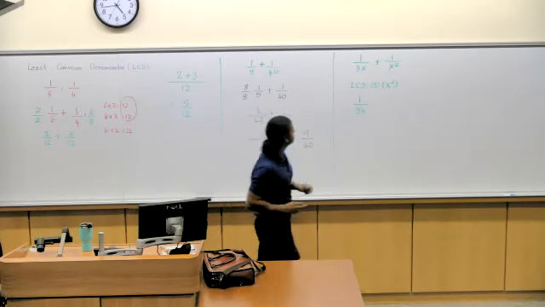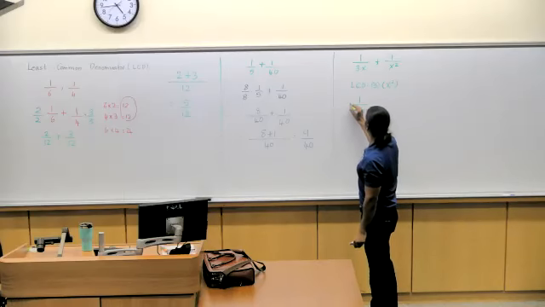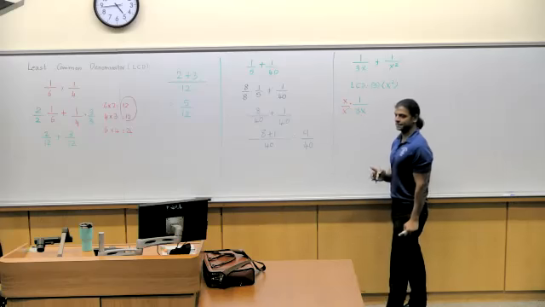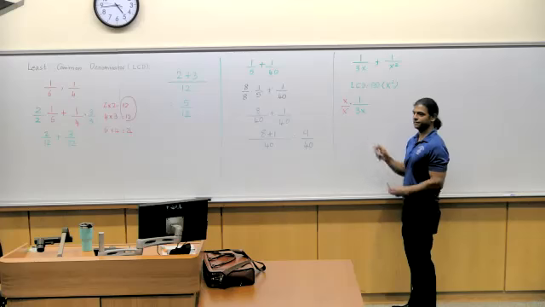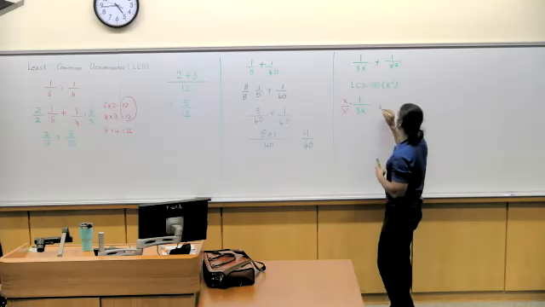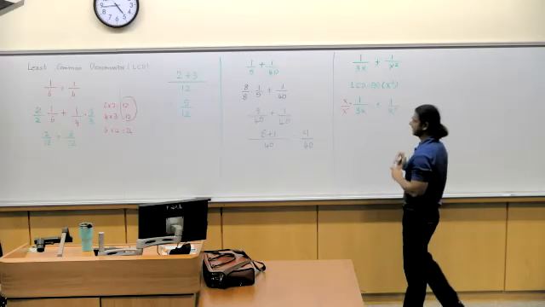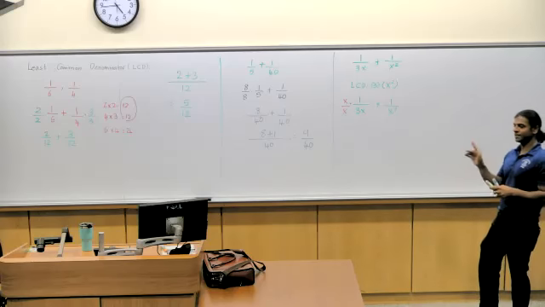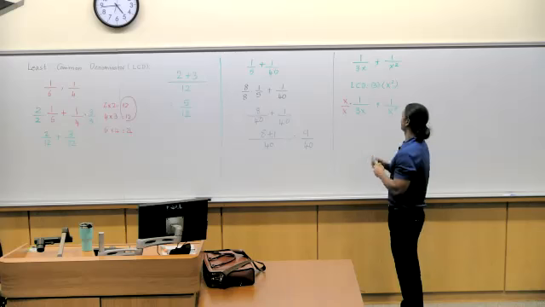If I multiply and divide 1 over 3x by x, I will get 3x squared. In a similar manner, what should I multiply and divide 1 over x squared by so that I get 3x squared? 3.